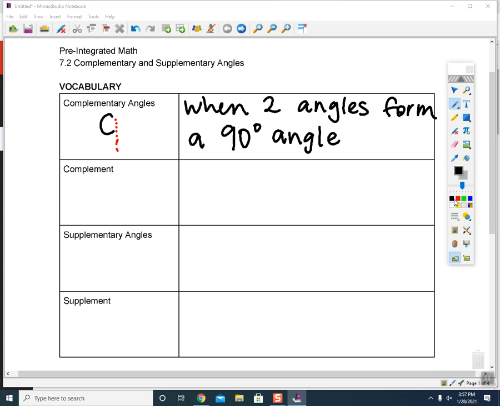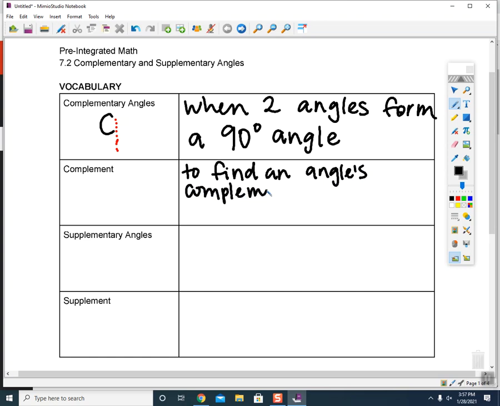So to find an angle's complement, you're going to take 90 minus the given angle.